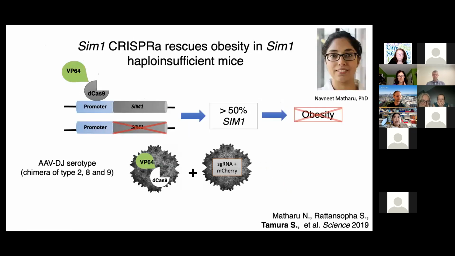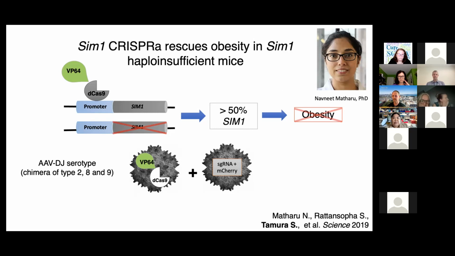But first, I'd love to give you an introduction of our first proof of concept story. Navneet Matharu, an extremely talented scientist in our lab, led this study, which we published in Science a few years ago, where we used CRISPR activation to rescue SIM1 haploinsufficiency, which is known to cause a severe obesity phenotype.